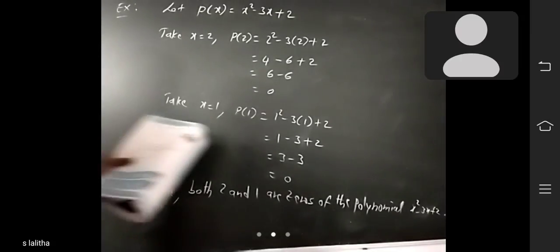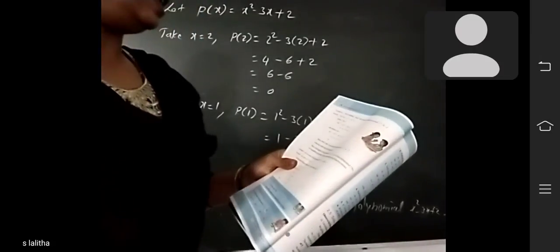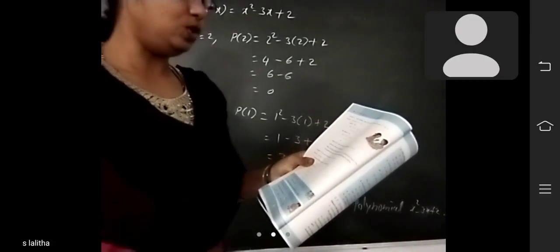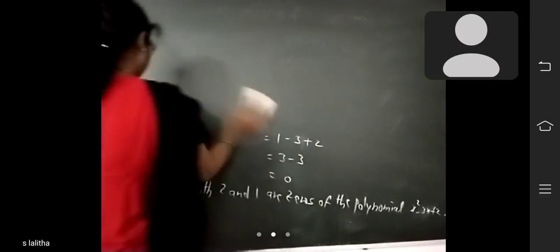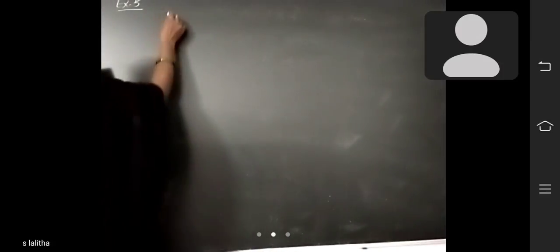Next, say example 5. If 3 is the zero of the polynomial x square plus 2x minus a, you have to find the value of a. Example 5. So what is given?